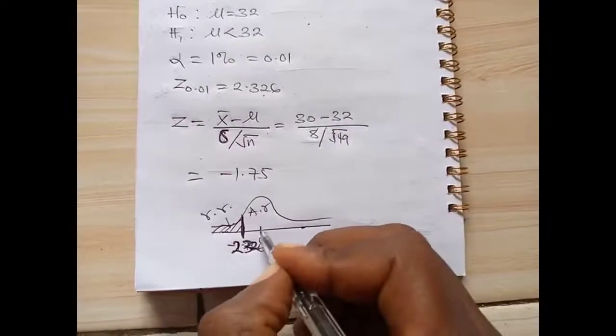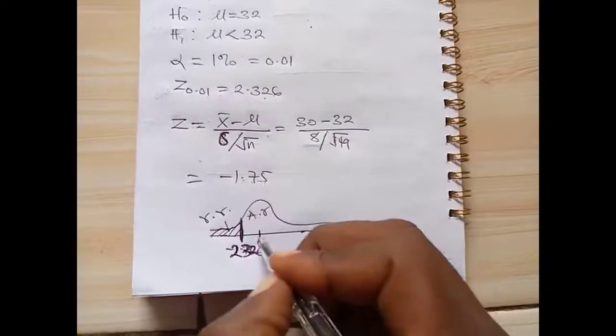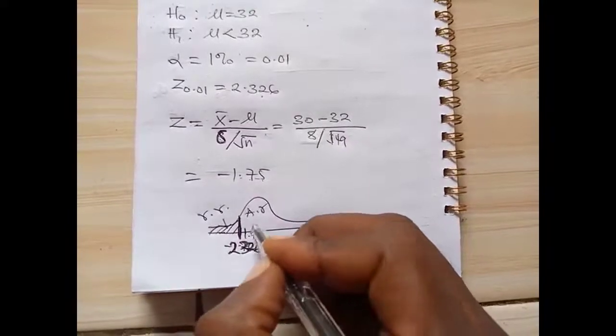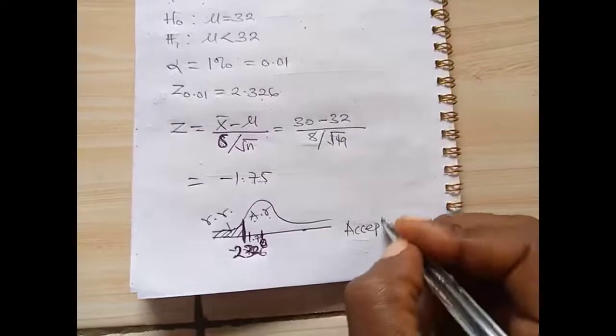So if this is 0, we want to bring 1.75. So 1.75 may be around here. So it falls under acceptance region. So we accept H0.